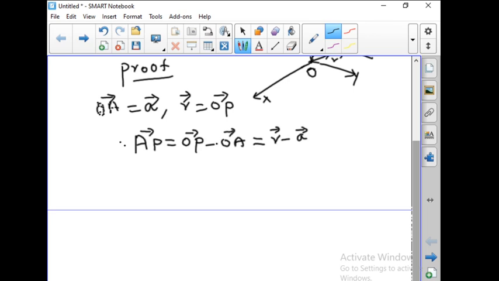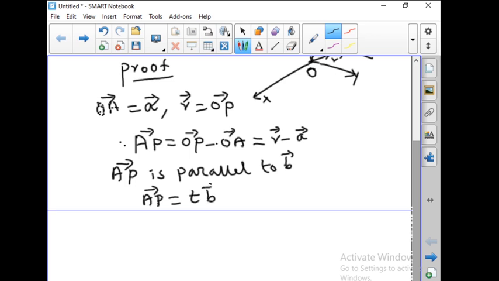Here we have AP parallel to the vector b. Therefore, AP is equal to t b.